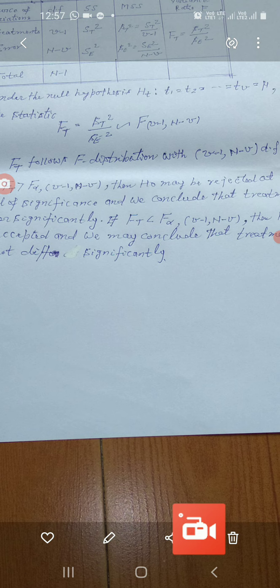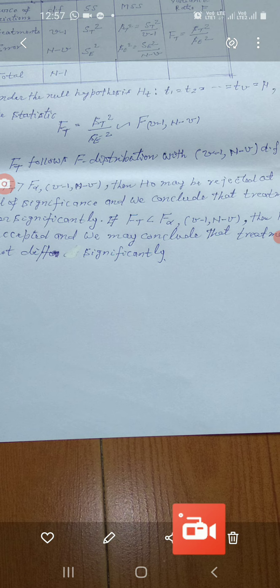Degree of freedom for treatment: there are V treatments, so degree of freedom will be V minus 1, and their sum of squares will be capital ST square, and mean sum of squares will be small st square, equal to capital ST square divided by its degree of freedom, that is V minus 1.